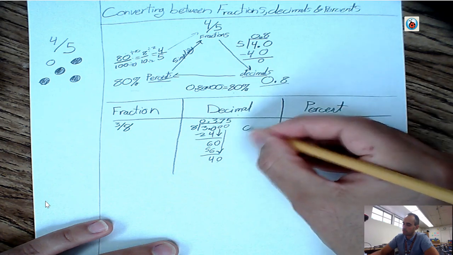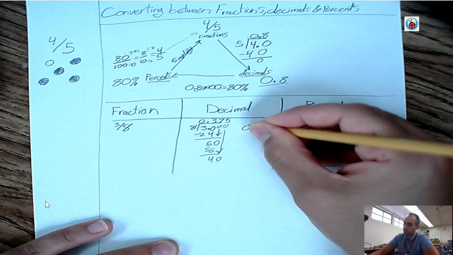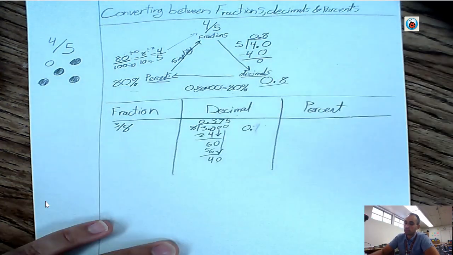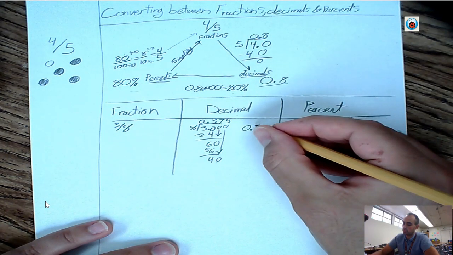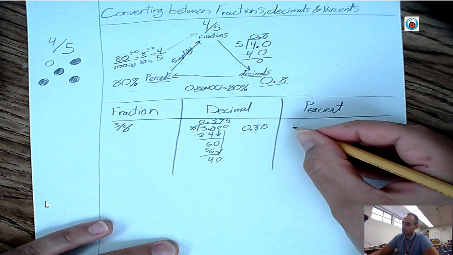So my decimal is 0.375. That's why we use erasers in math. That's why you always use your pencil. 0.375.